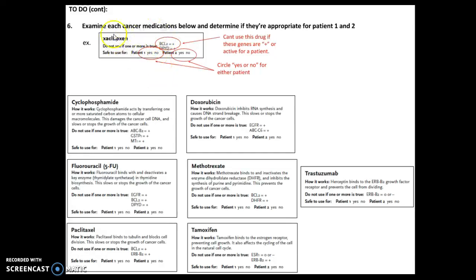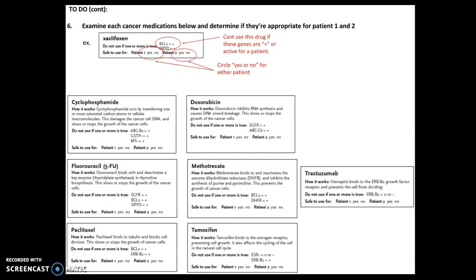The example shows you here, if you were thinking about prescribing zaclofloxacin, you're not supposed to use this medication if your patient has certain genes active, the BCL2 gene or the DPYD gene. If the gene is active in the patient, apparently that can cause conflicts.